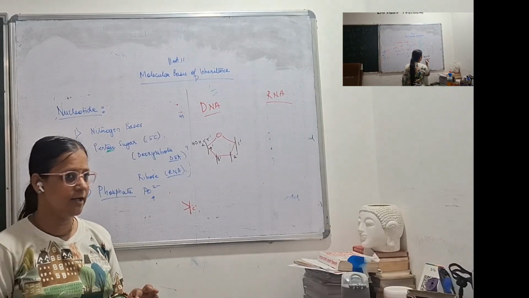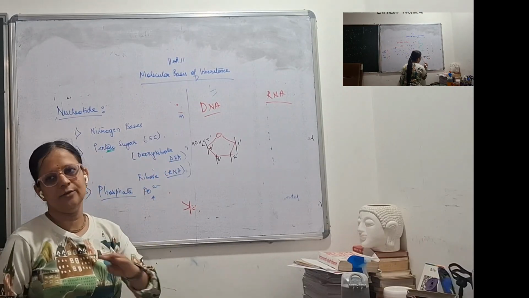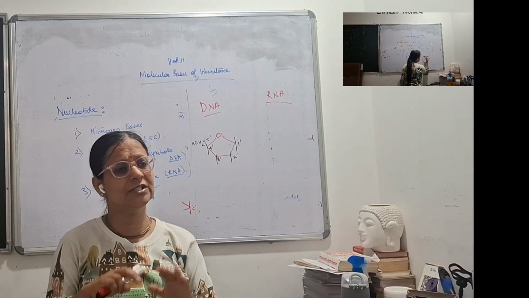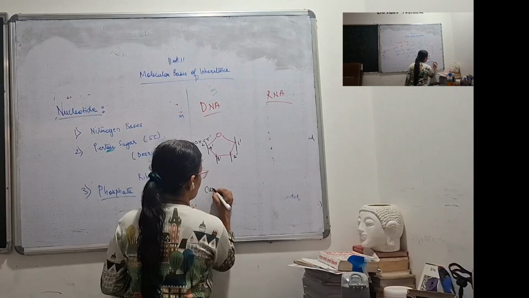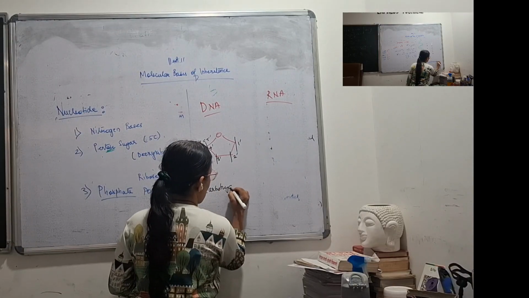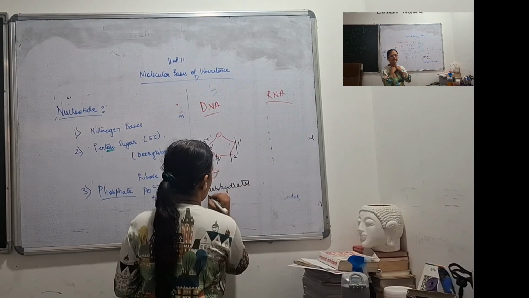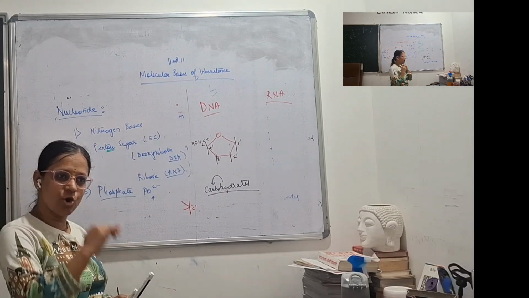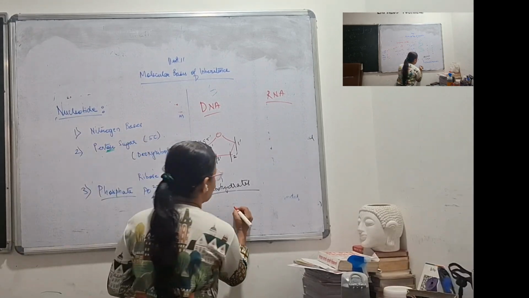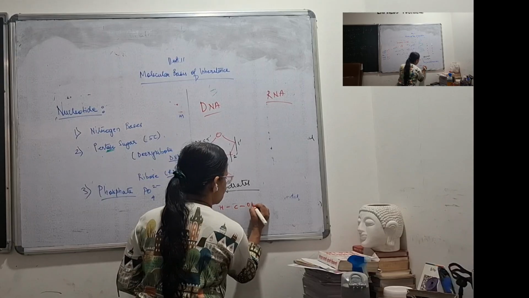Basically, sugar is a carbohydrate. You all know that, right? Whether it is deoxyribose, ribose, glucose, fructose, these are all carbohydrates. And carbohydrates meaning what? How has the word come? Carbohydrates meaning hydrates of carbon. Meaning I can represent them like this.